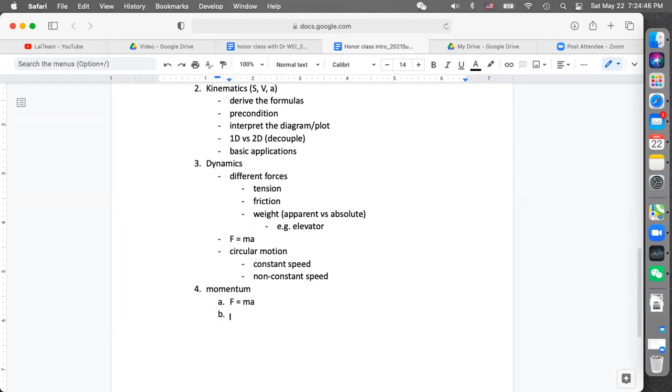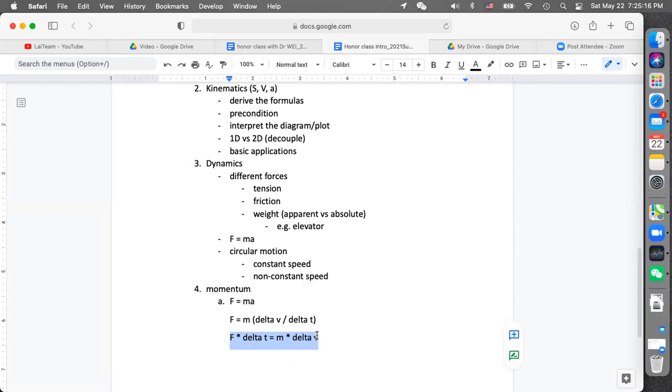And we know that acceleration is defined as delta V over delta T. Then let's move this delta T to the left-hand side. We're going to have force times delta T equals m times delta V. And that's it. That is the introduction of momentum.